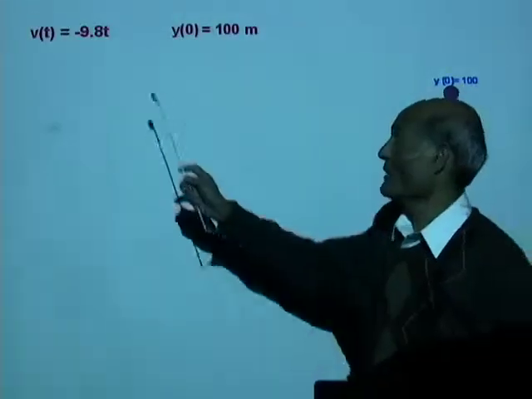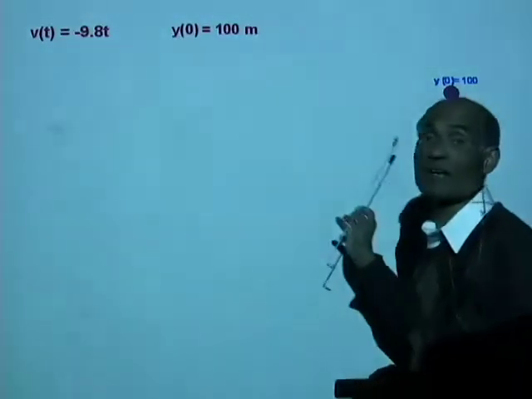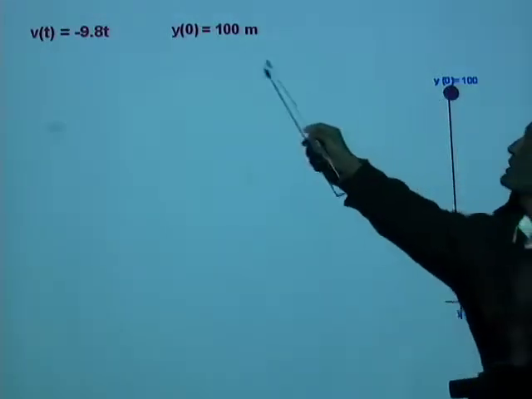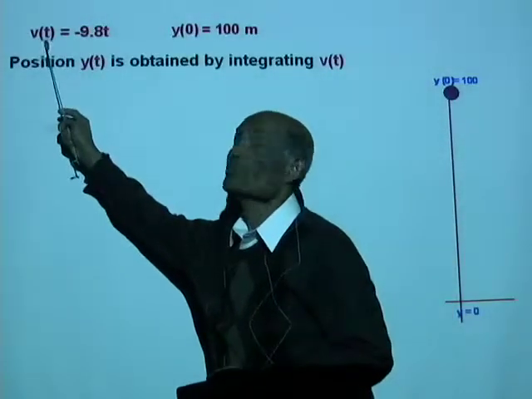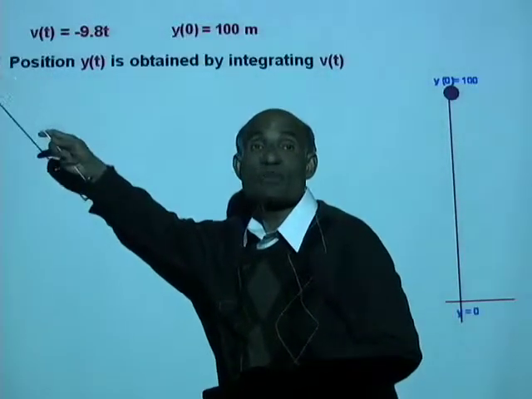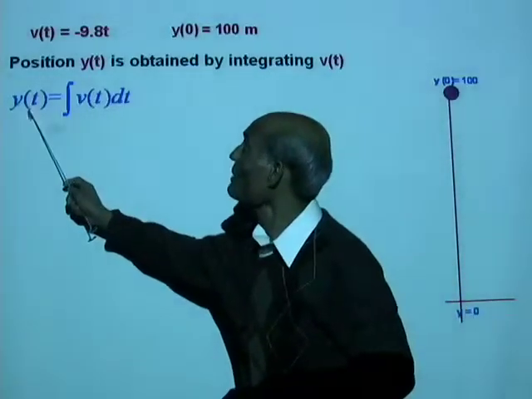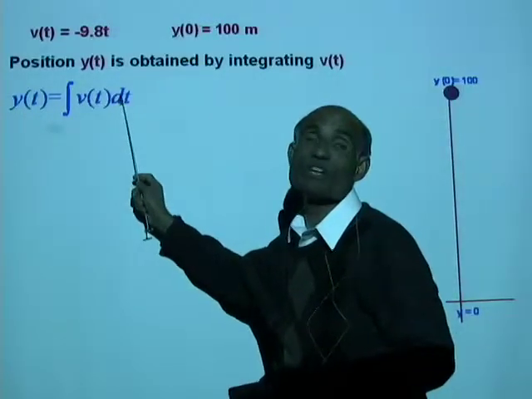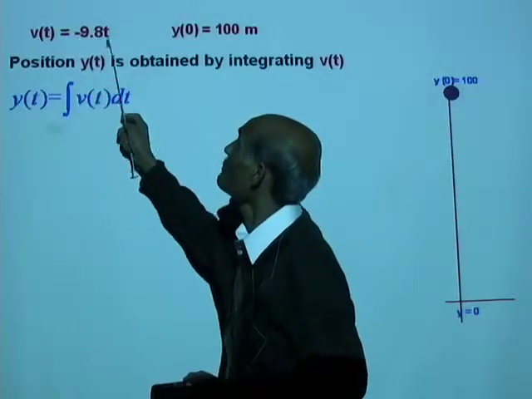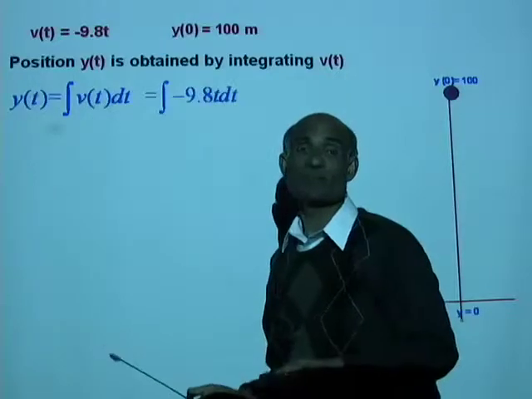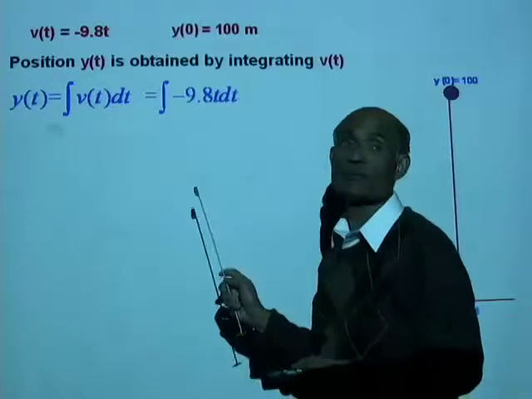That's right. All right, we got the velocity function negative 9.8 t, and also we know that at t equal to 0, the position of the ball is 100 meter. And now we take the velocity function, integrate it to find the position function. All right, Y of t is integral V of t dt, and replace V of t by negative 9.8 t. So that will be integral negative 9.8 t dt.